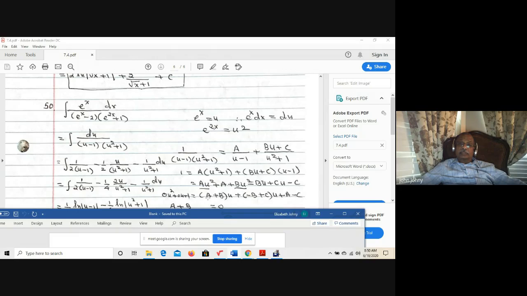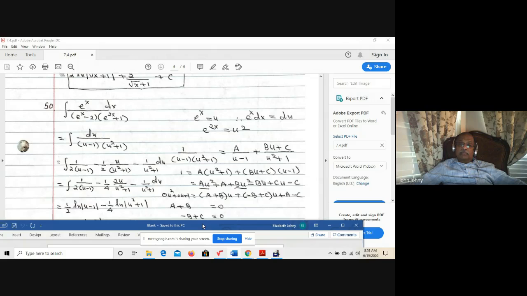Combine like terms: a plus b times u square plus negative b plus c times u plus a minus c is the same as 1, meaning 0 u square plus 0 u plus 1. So a plus b is 0, minus b plus c is 0, and a minus c is 1.